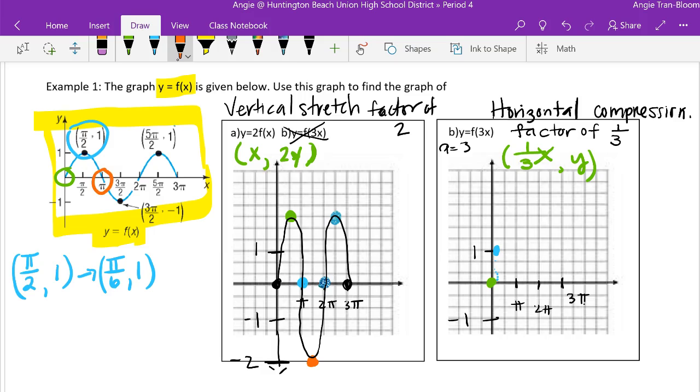Okay. Next dot. Pi, comma 0 is now what? Pi over 3, comma 0. Where would I put this dot? What's the distance? 1/3. Totally squish. Comma 0. Okay. All right, next dot.